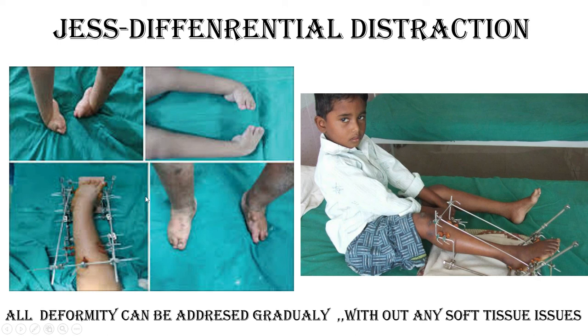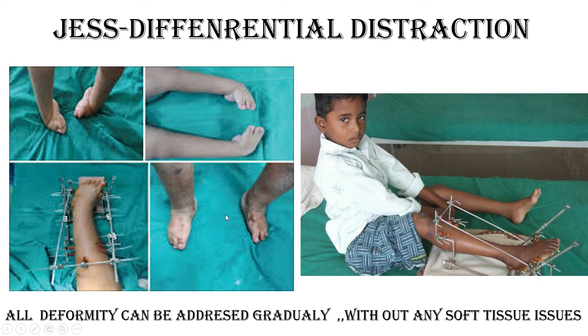Again, start the same protocol as in CTEV, plaster, Ponseti, and that will be kept under close follow up and passive stretching. That will be okay, and it will be 100% correctable. And keep in mind, the follow up must be up to 4 years, because after 4 years there is no need for follow up, because the gene responsible for this type of deformity gets inactivated after 4 years.